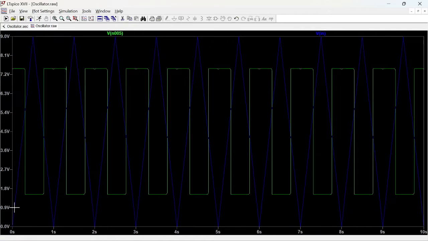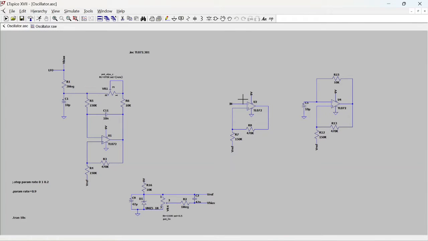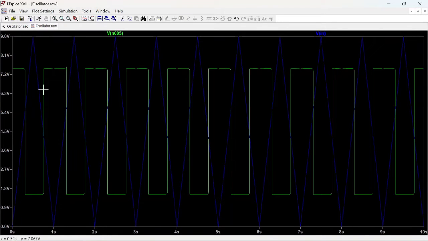The signal just goes up to 9 volts and back as a triangular signal. When it goes up, because we are using the inverting input for this, it's kind of in a different phase, but it doesn't really matter.